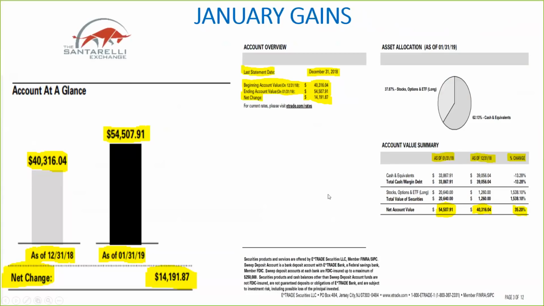Following our trade plan, guys, a net change of $14,191.87. And guys, the important thing about this trade plan, it's not about the quantity of trades. It's about the quality of trades and following what's going on in the news, the markets, and politics. That's important, guys. This is a momentum strategy.